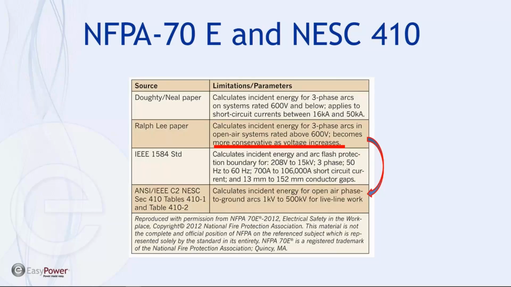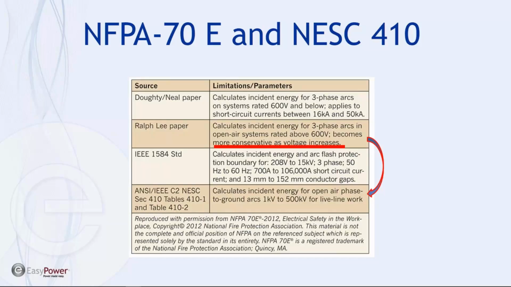And then this last recommendation, as we'll see, is a chart that's migrated from NFPA to ANSI IEEE and to NESC articles, and that's again where we're going to go for the single line to ground applications.